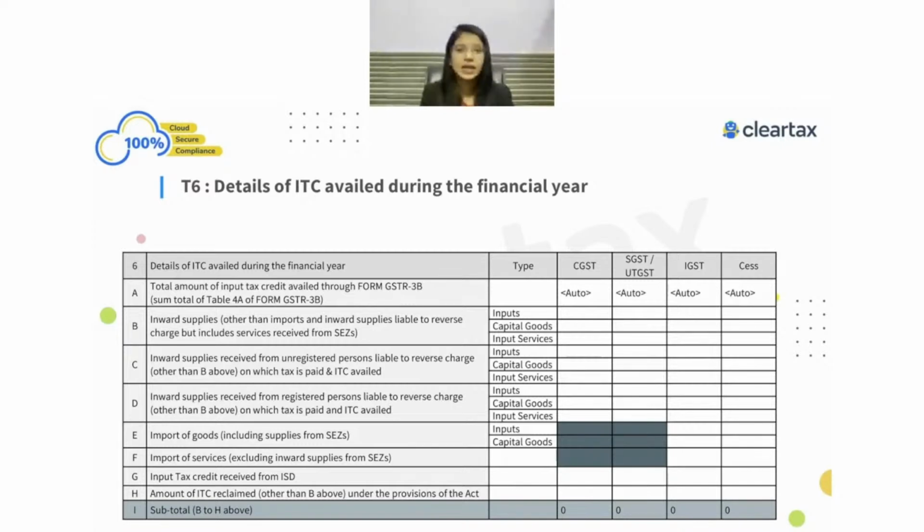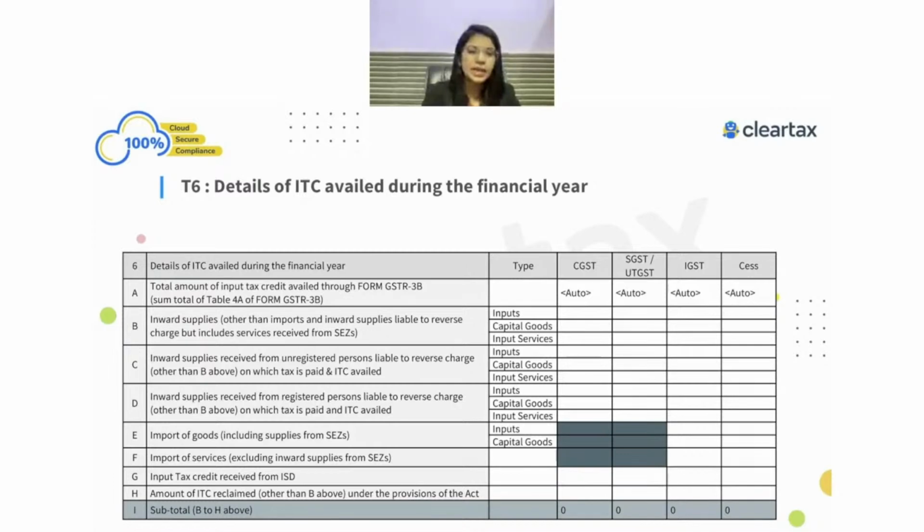So the value shown here is just the GSTR-3B ITC which you have claimed for FY 21-22, and you are just showing the breakup of that. This is not as per your books of account. This is as per your GSTR-3B, the ITC which you have availed in your GSTR-3B. So you are just showing the breakup over here. This is one part clear.